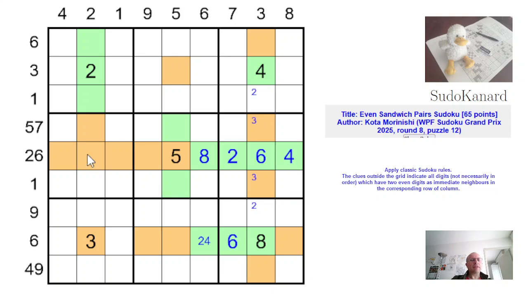So where should we look for the next place to make progress? This has been used. 6 is between two even digits in this column.